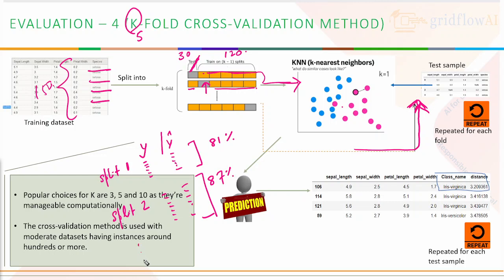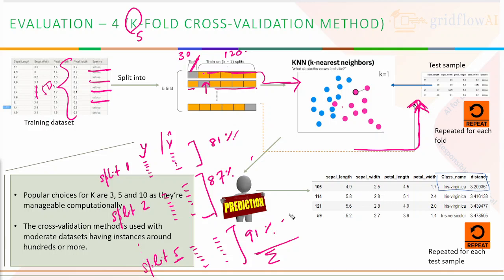Likewise, you will do up to the last split, which is 5, and again those 30 samples in that particular split, let's say the accuracy is 91%. Now the final accuracy would be the average of all of these accuracies.